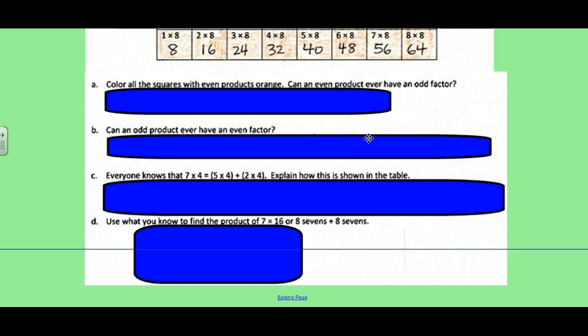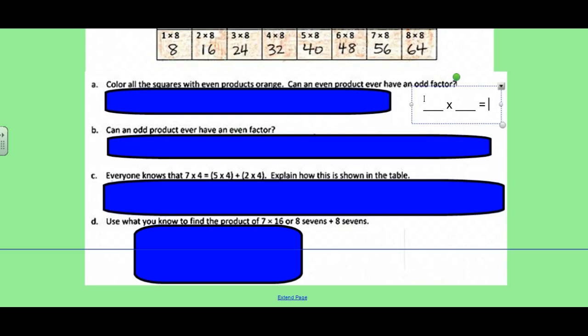Okay, so 1A says color all the squares with even products orange. We already did that. So the question says, can an even product ever have an odd factor? So product, remember, that is the answer. So if I'm looking at a multiplication equation, let's say blank times blank equals 9.